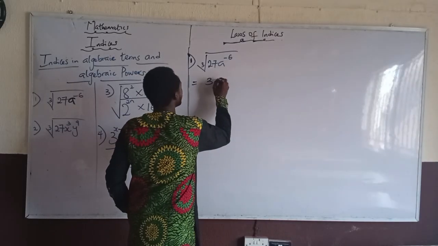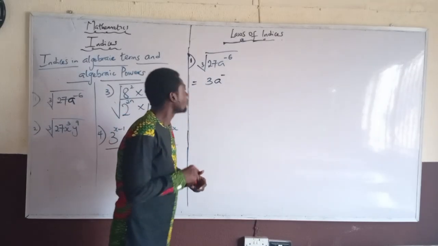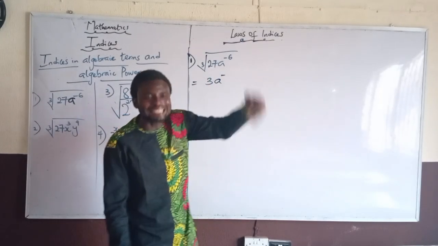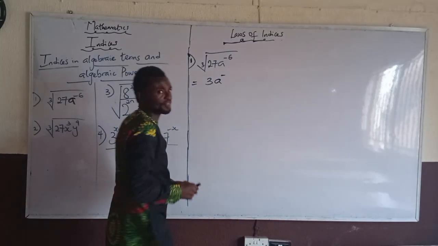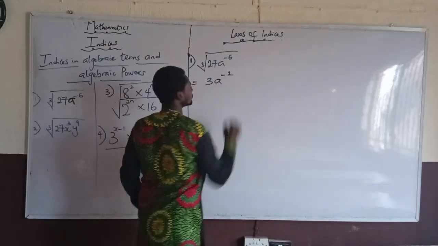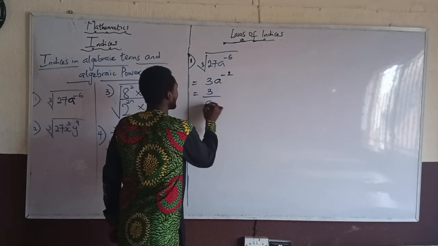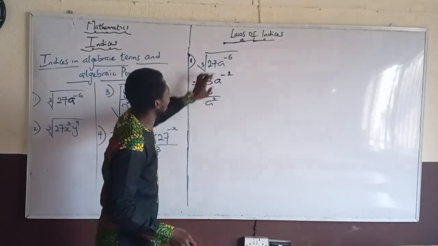Now, I have my A here, raised to power minus 6. Now, root of a power is the power divided by the root. So here becomes minus 6 divided by 3. That is minus 2. So here becomes 3 over A raised to power 2. So I can leave my answer like this.